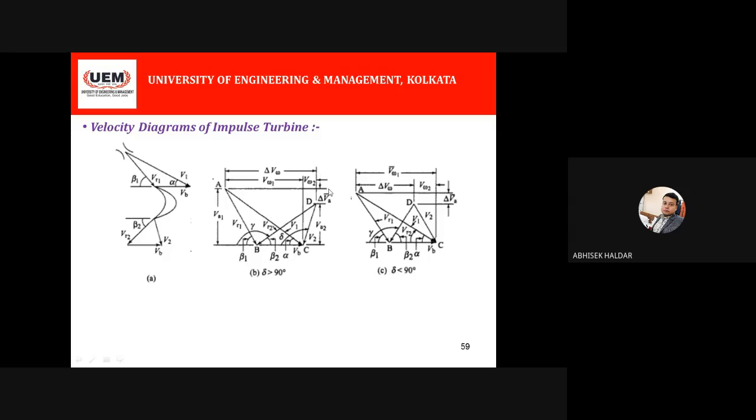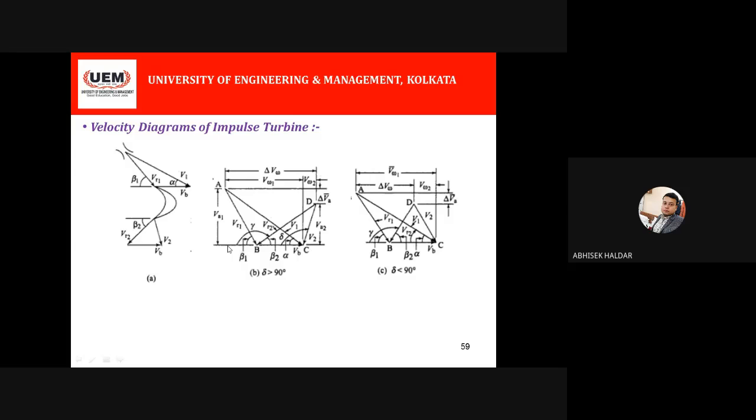We are saying that the velocity at the inlet is V1 and the velocity at the outlet is V2, but these velocities have two components, wheel velocity and axial velocity. But due to which difference of velocity are we getting the power? Velocity of wheel means the tangential component. Tangential component or the axial component?